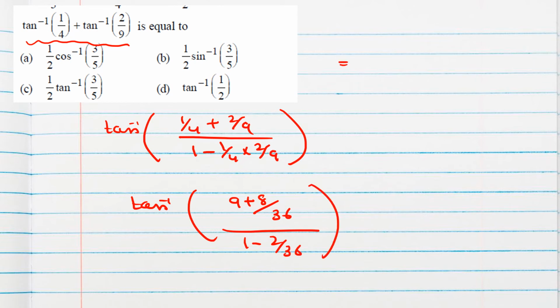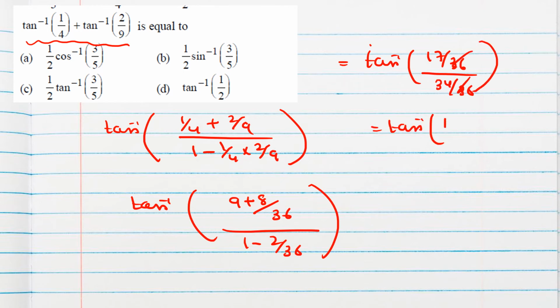Okay, so tan inverse 17 by 36 and cross multiply here, we will get 34 by 36. So this we can cancel. Tan inverse 17 by 34, which is half, tan inverse 1 by 2. So which is there in option D.